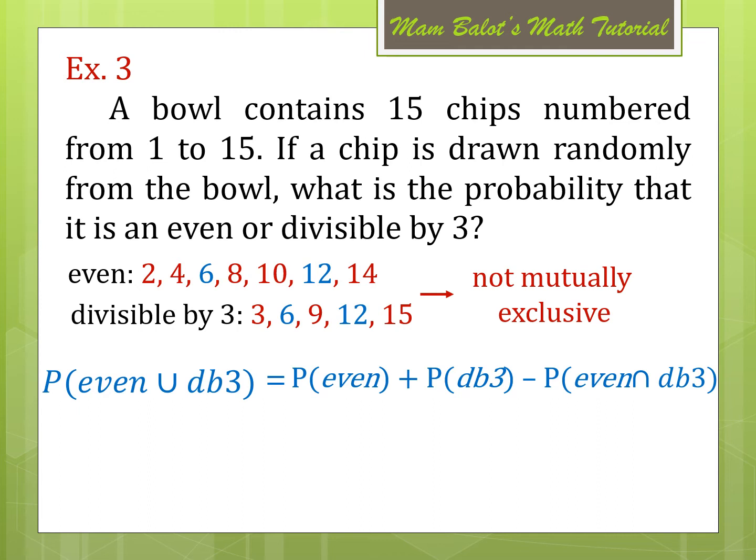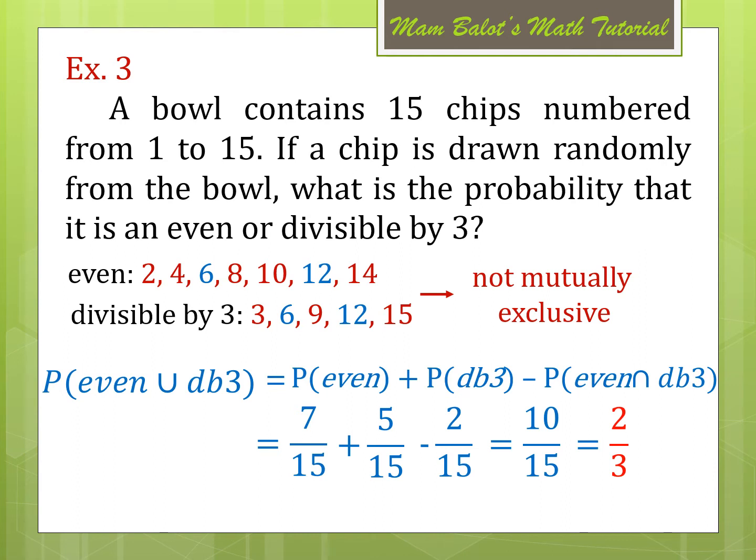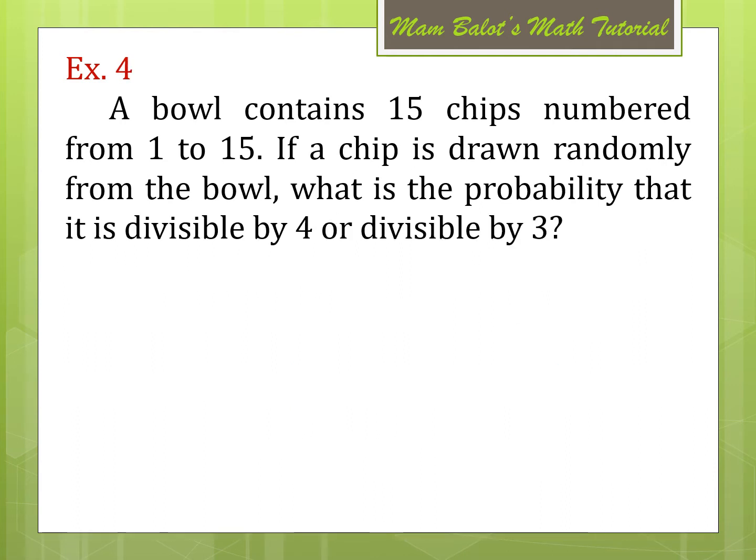The probability of even numbers is 7 over 15 since there are 7 even numbers, plus the probability of the numbers divisible by 3 is 5 over 15 since there are 5 numbers divisible by 3, minus their intersection which is 2 over 15 since we have two numbers common to the two sets. So 7 plus 5 minus 2 is equal to 10 over 15, which can be reduced to 2 over 3, or 2/3.